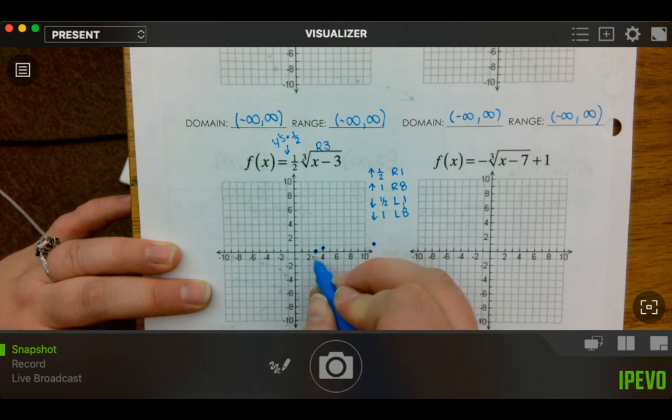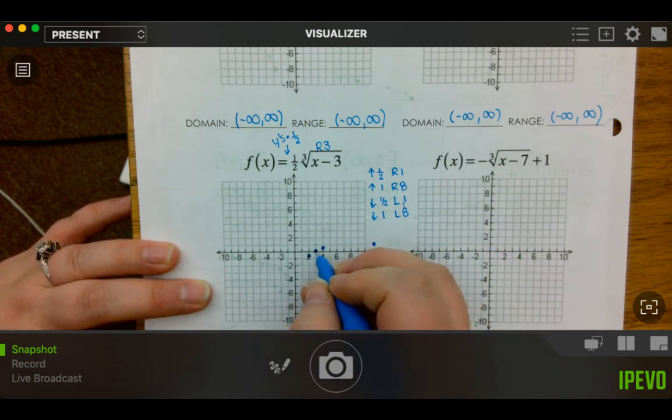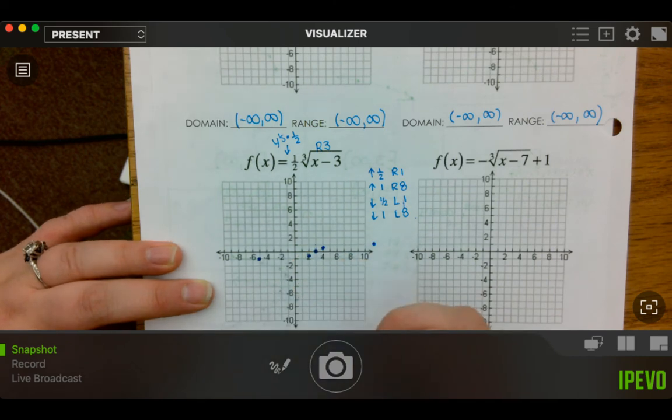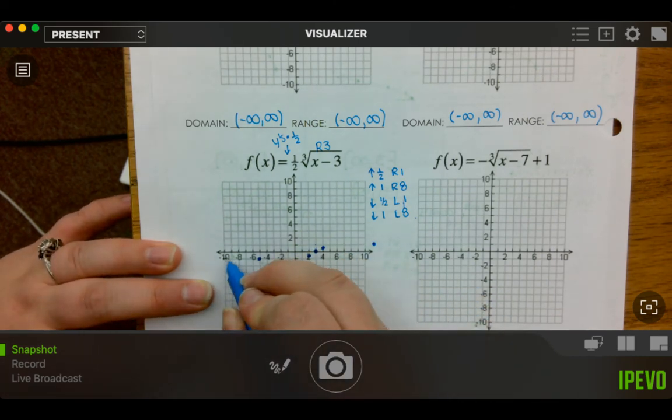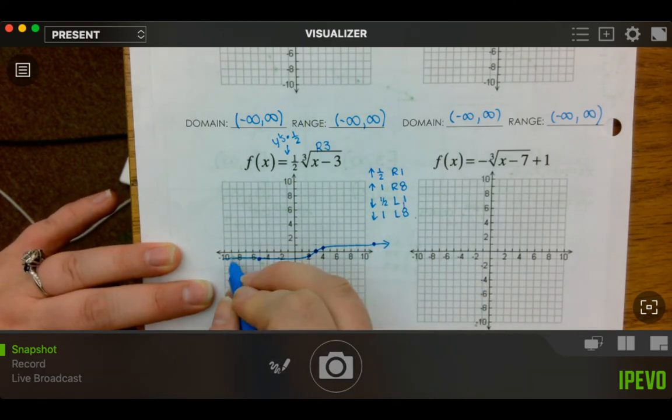And then down 1/2, left 1, down 1, left 8, down 1, left 2, 5, 6, 7, 8. And it's going to make this really skinny one, like that.